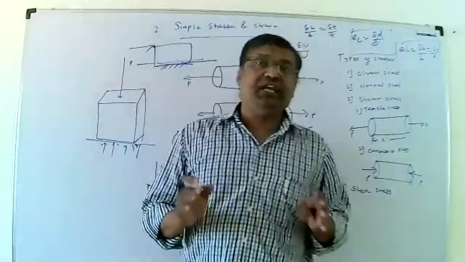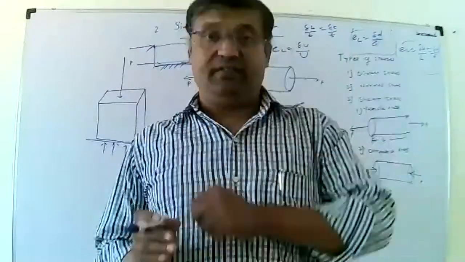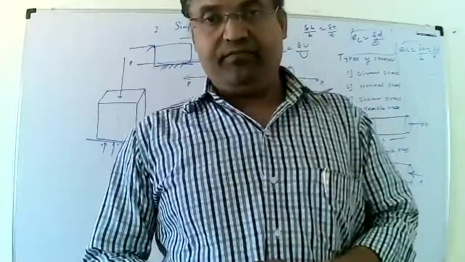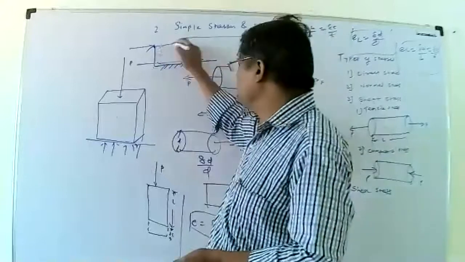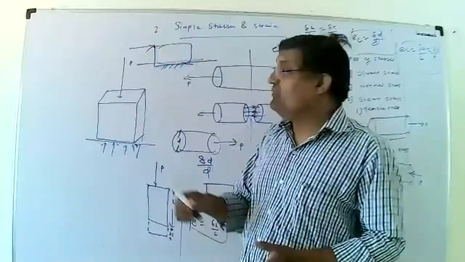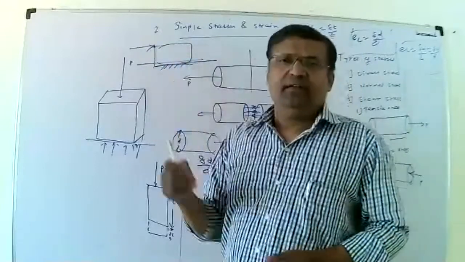If two equal and opposite loads act, and one load acts at the upper face of the layer, that is a rectangular section, what will happen?